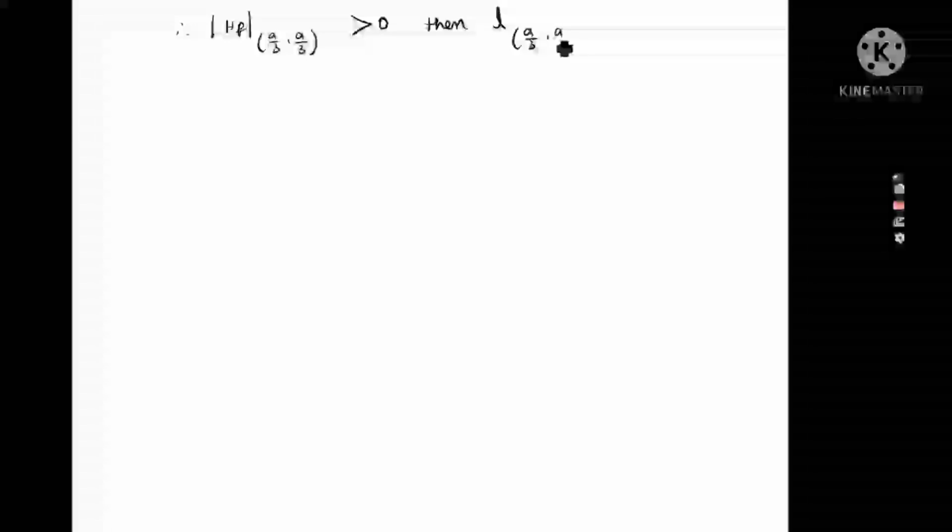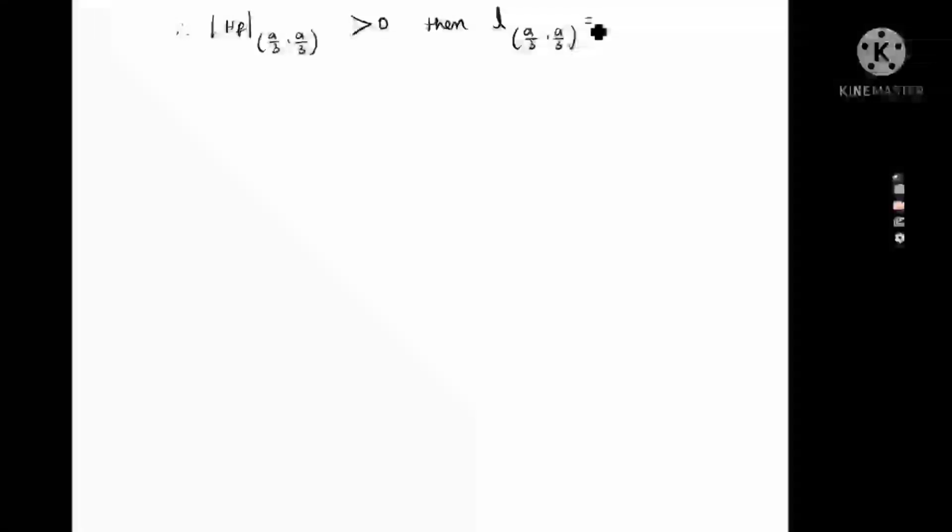Therefore mod HF at (a/3, a/3) is greater than 0. Then immediately find the L value at this point. What is the L value here in this problem? It is 2y, so 2y at (a/3, a/3). Substitute y value as a by 3, so we get 2a by 3. 2a by 3 is a positive value, then it is greater than 0.